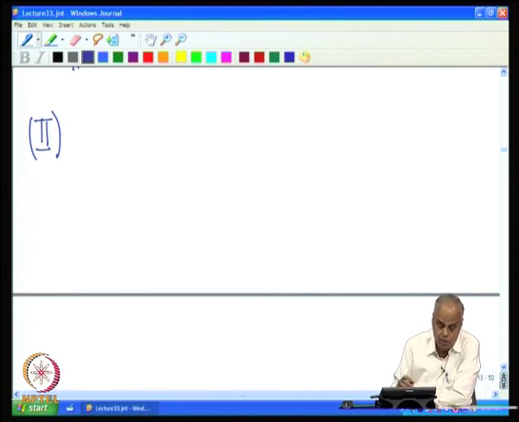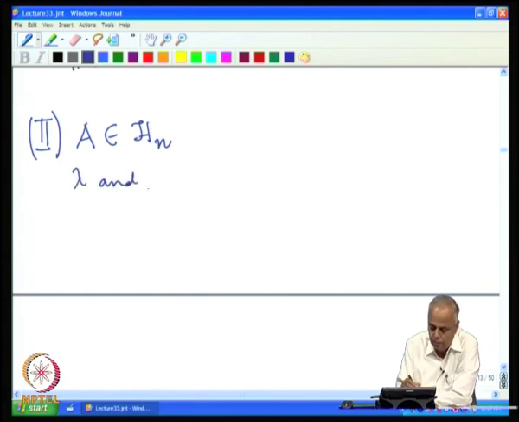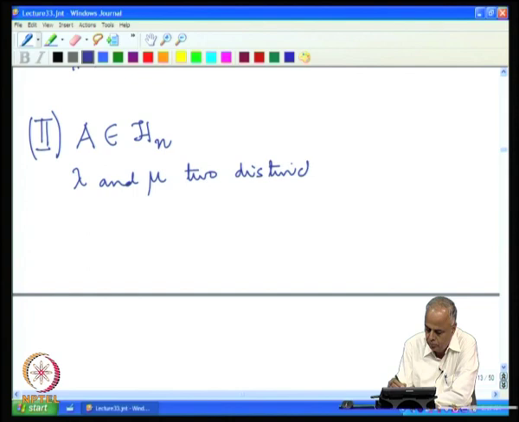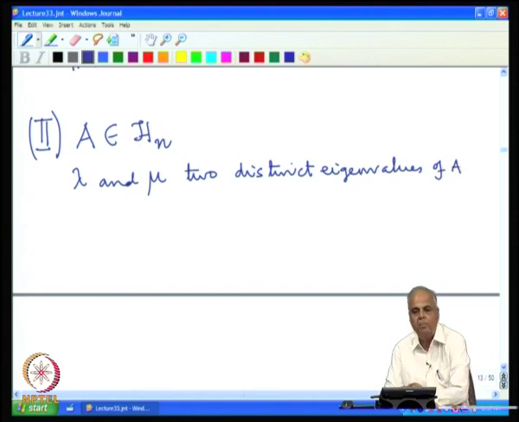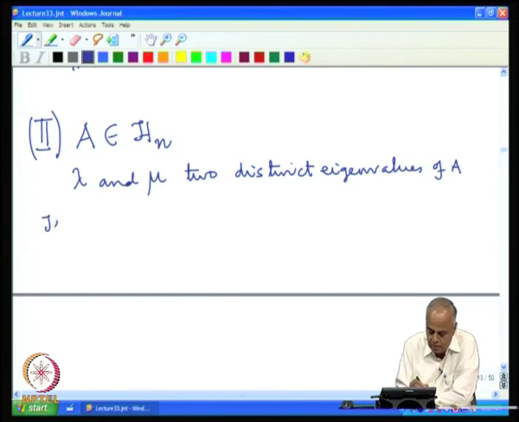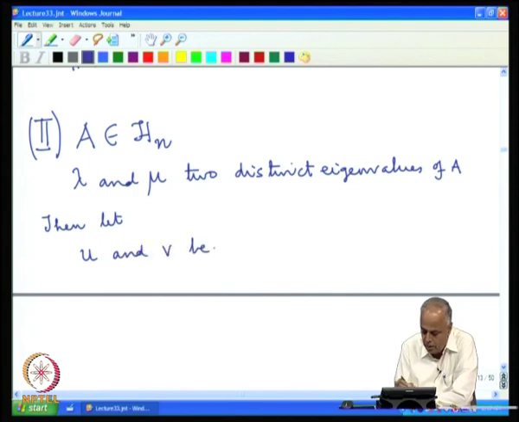We now look at what it means in terms of eigenvectors. So, again let us look at a Hermitian matrix. A is Hermitian and suppose lambda and mu are two distinct eigenvalues of A. Now, since lambda and mu are eigenvalues, let u and v be corresponding eigenvectors.